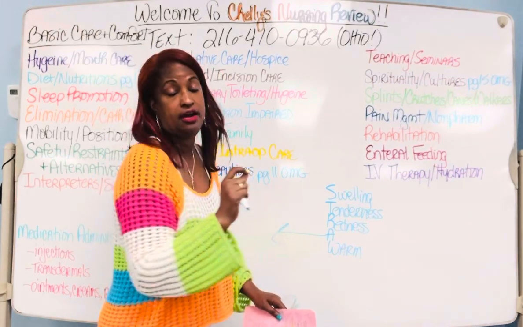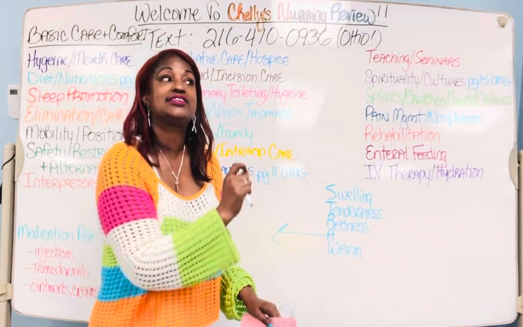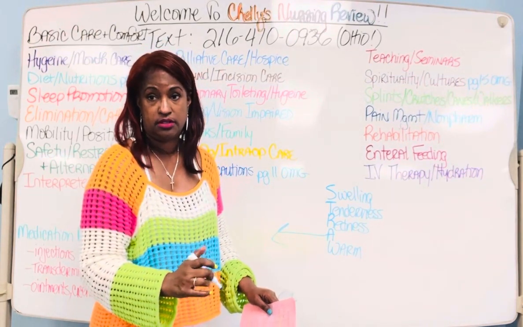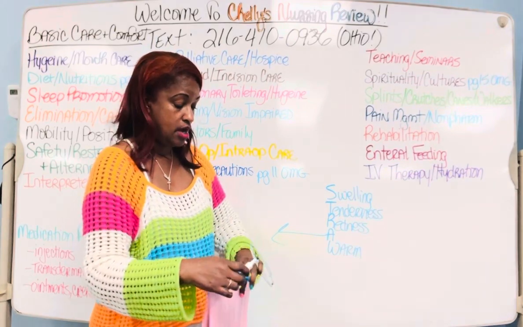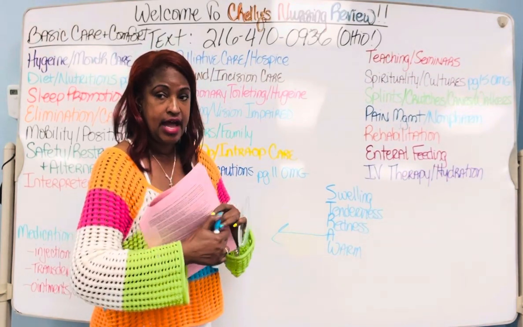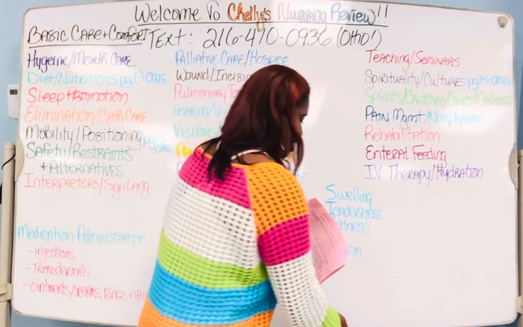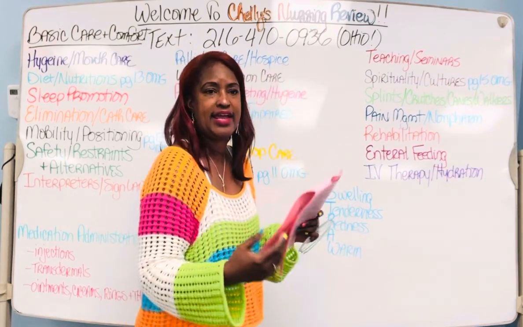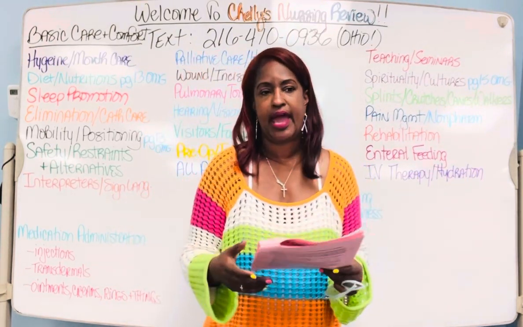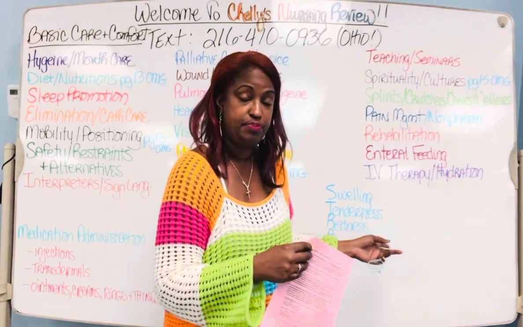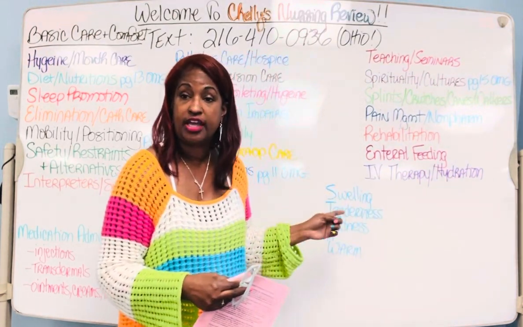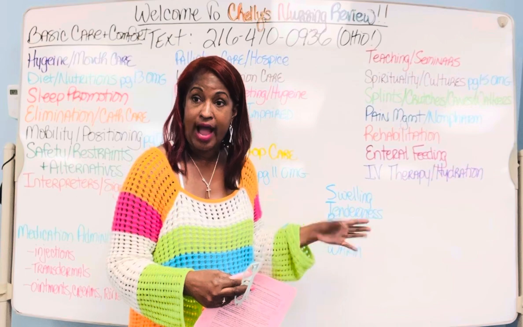The A for inflammation would be anti-inflammatories. Okay? One of the best anti-inflammatories is your NSAIDs, right? But everybody can't take them. Now, for this particular situation, we're talking phlebitis. Don't forget the original itis.